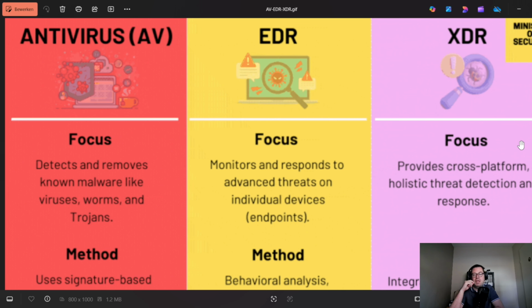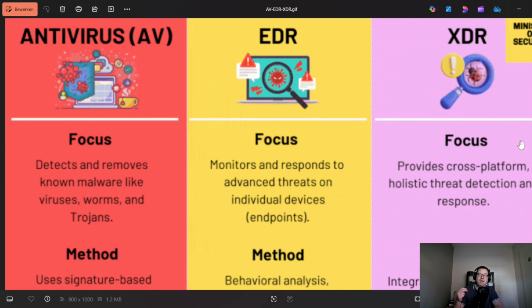So there are three ways in which you can protect an endpoint. We're all familiar with antivirus. That's one of the endpoint protections that has been around since the late 80s, early 90s. Think about McAfee, for instance. It detects malware, viruses, worms, and Trojans, and does this on a signature basis.